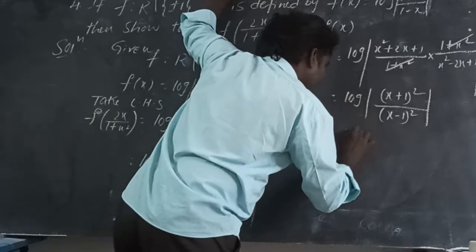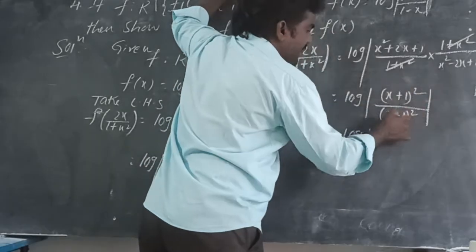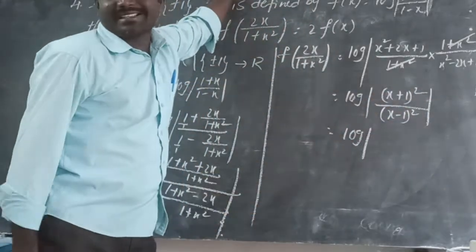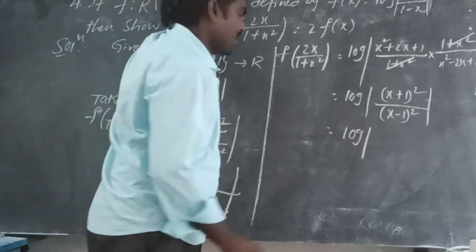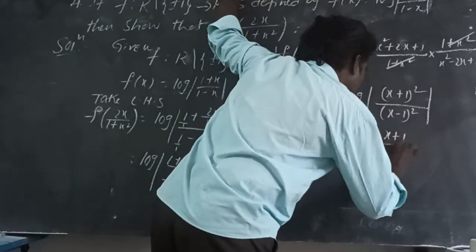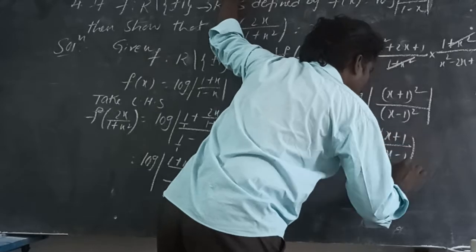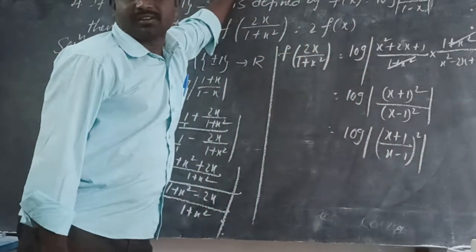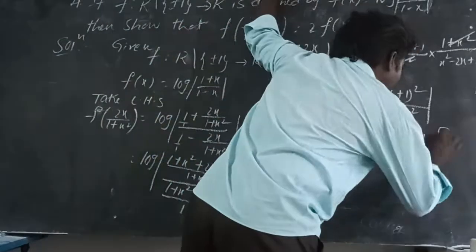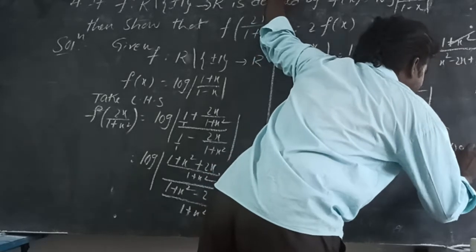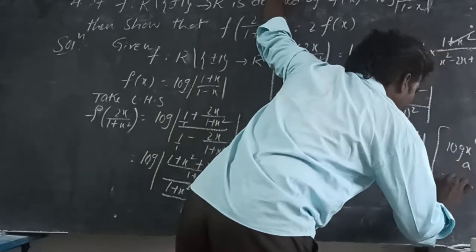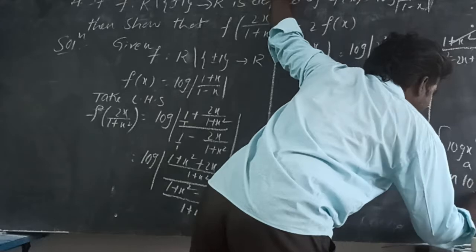So log here a power m by b power m we can write as a by b whole power m. So that is x plus 1 by x minus 1 whole square. Okay. So here we can use the formula log x power n base a is equal to n log x base a.